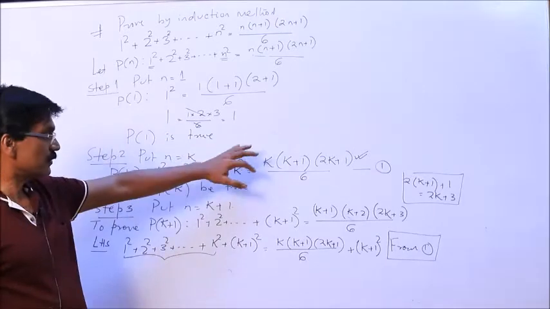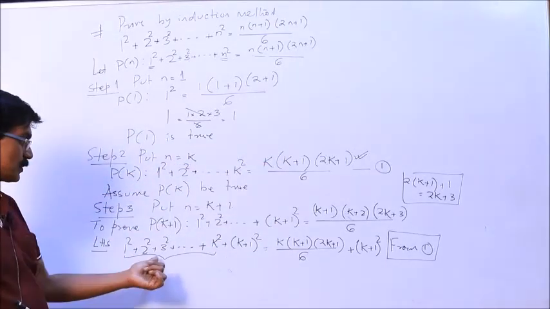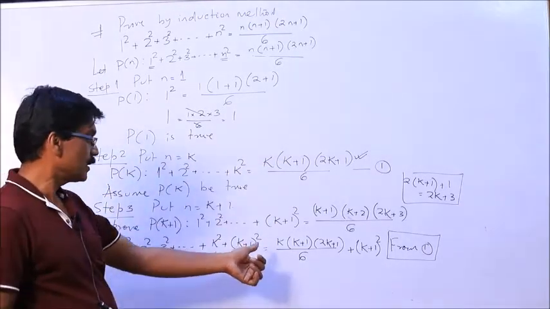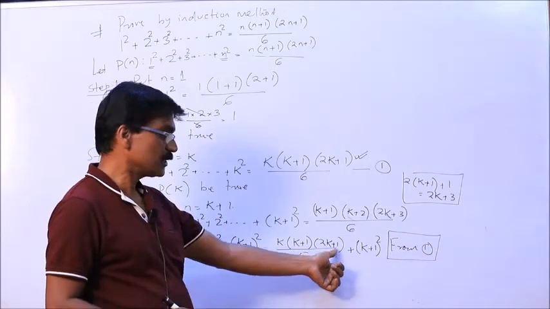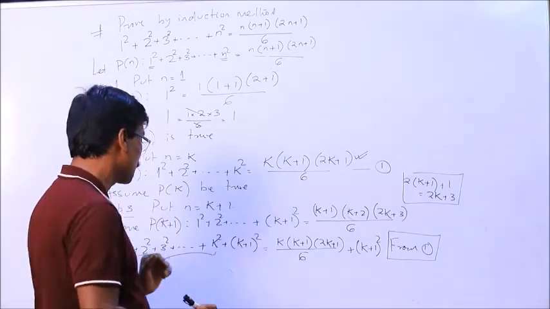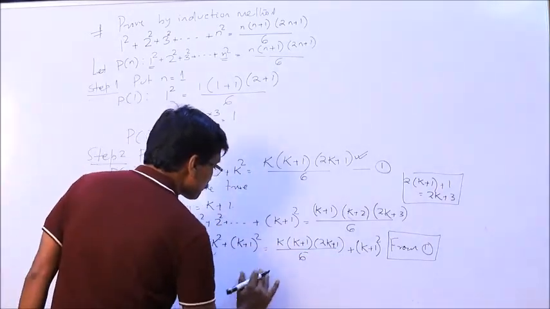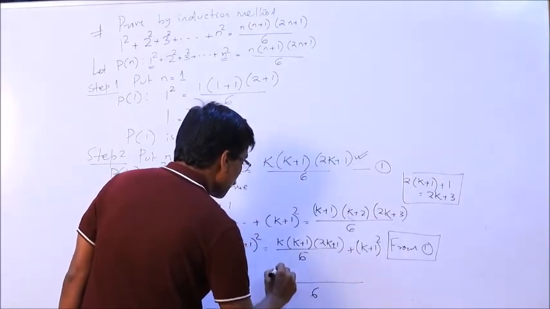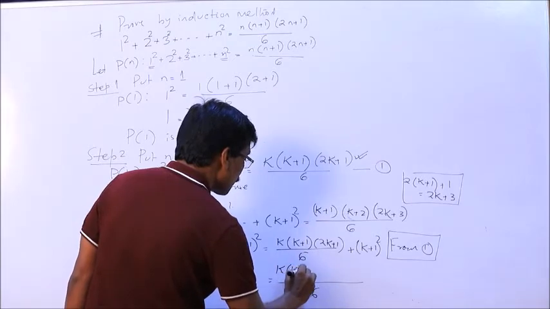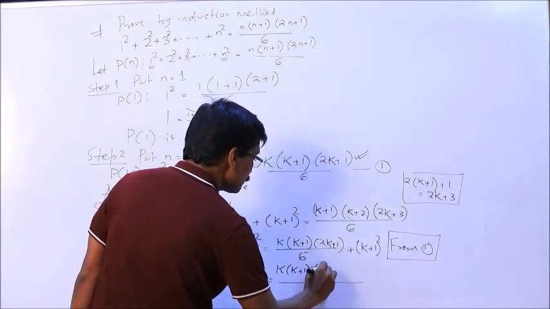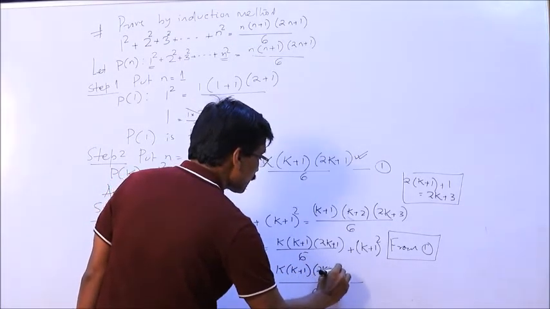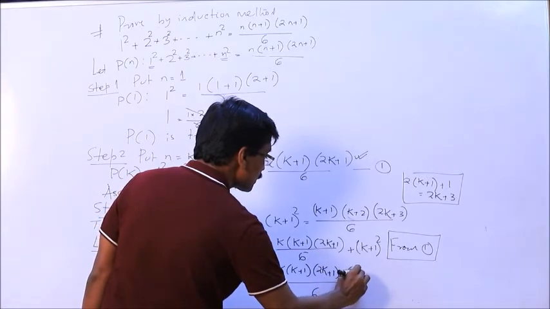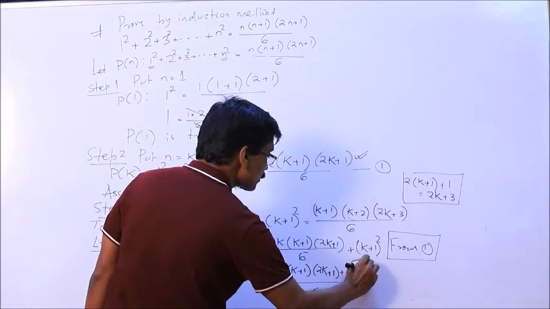So, we put the result from equation 1, that is 1 square plus 2 square up to k square is k into (k+1) into (2k+1) by 6. Now, we simplify the result, the LCM is 6, that is k into (k+1) into (2k+1) plus 6 into (k+1) whole square.